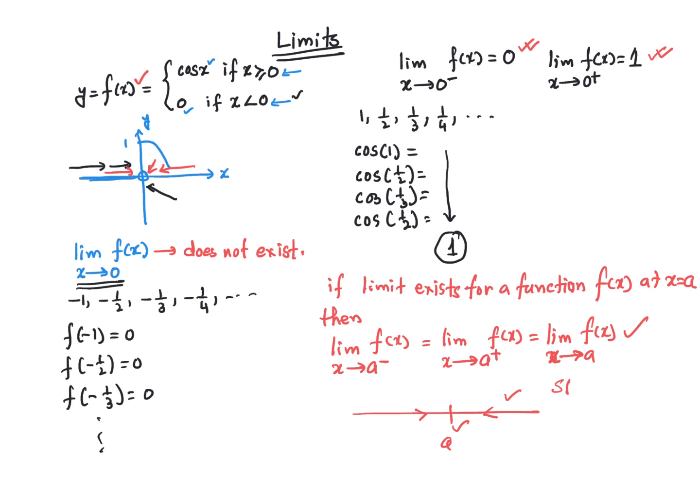And you can approach the same point A from the right-hand side by taking a different sequence. Let's call it S2. You are approaching the same point, and you must always get the same result regardless of the path that you take. Whether you take sequence 1 or sequence 2 to get to the ultimate destination of point A, it shouldn't make a difference. It should always give you the same limiting value.